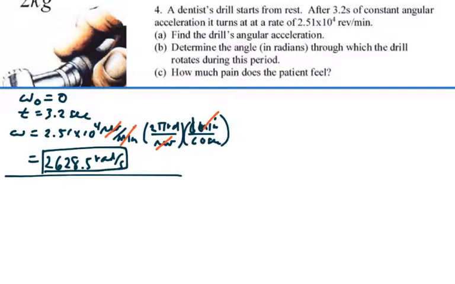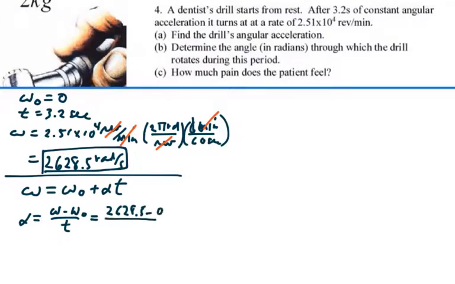We want to find the angular acceleration, which is our 4th variable. So we're going to use rotational kinematic equation number 1. Final angular velocity equals initial angular velocity plus angular acceleration times time. So our angular acceleration will equal the final minus initial divided by time, which will be 2,628.5 minus 0 divided by 3.2 seconds.